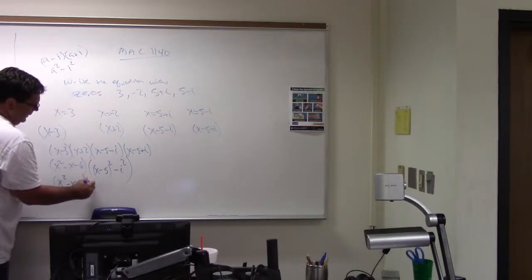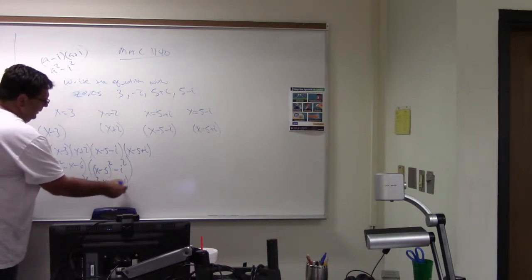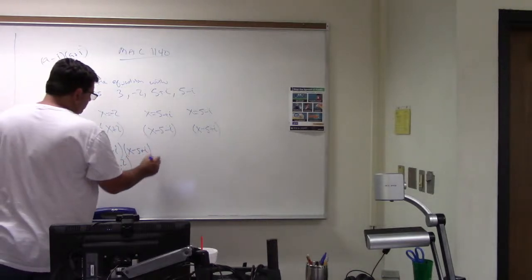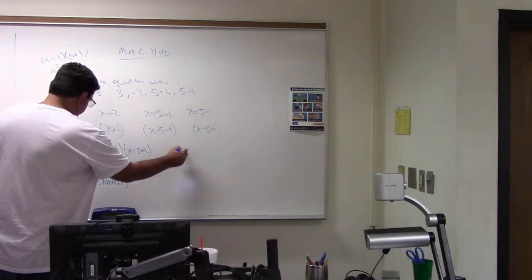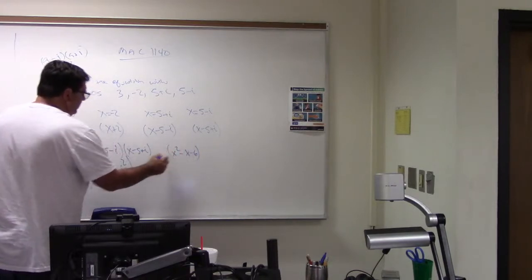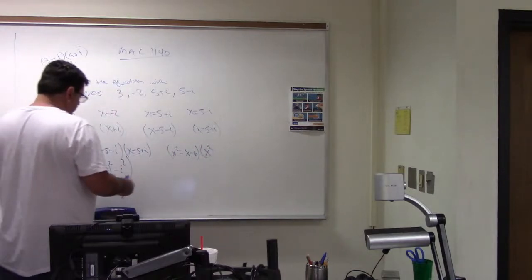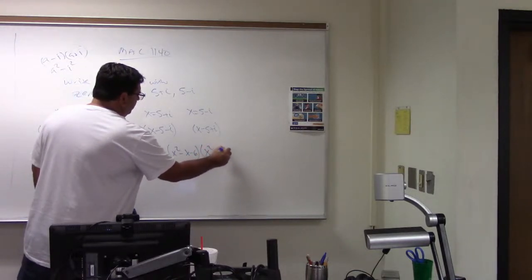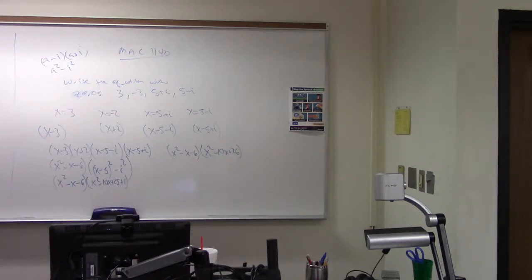So this becomes x squared minus 10x plus 25 plus 1, which becomes x squared minus x minus 6 times x squared minus 10x plus 26. Do we agree? Yes, sir. Amari, are you straight to there?